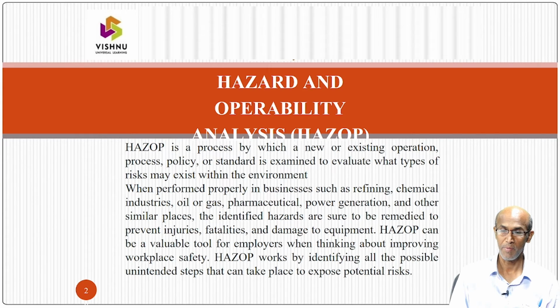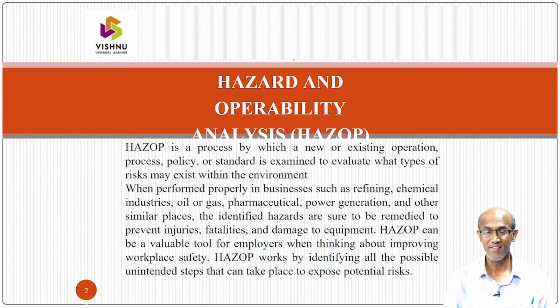HAZOP is a process by which a new or existing operation, process, policy or standard is examined to evaluate what type of risks may exist within the environment. When performed properly in businesses such as refining, chemical industries, oil or gas, pharmaceutical, power generation, and other similar places, the identified hazards are sure to be remedied to prevent injuries, fatalities, and damages to the equipment.